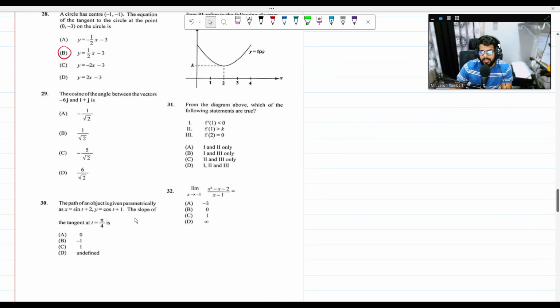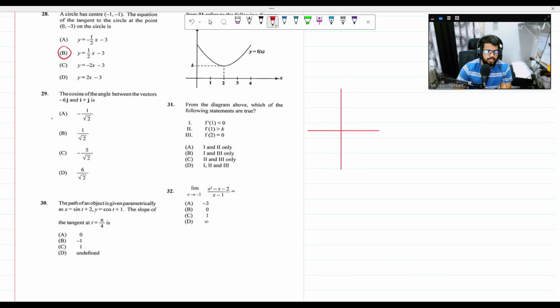The cosine of the angle between the vectors minus 6j and i plus j is... now we can indeed use dot product here. Definitely could use dot product. In this particular scenario, watch this, a diagram might be a little bit easier.